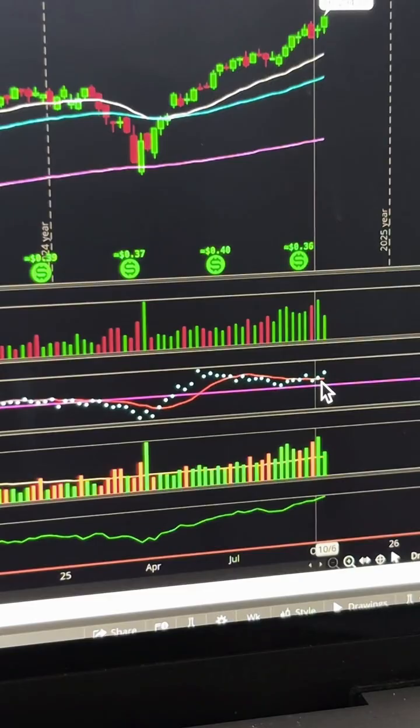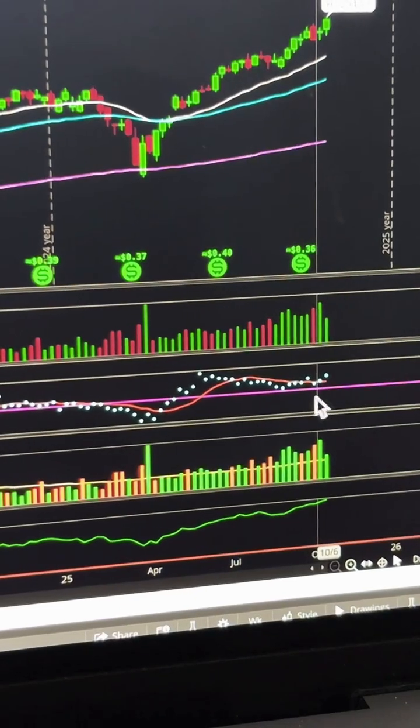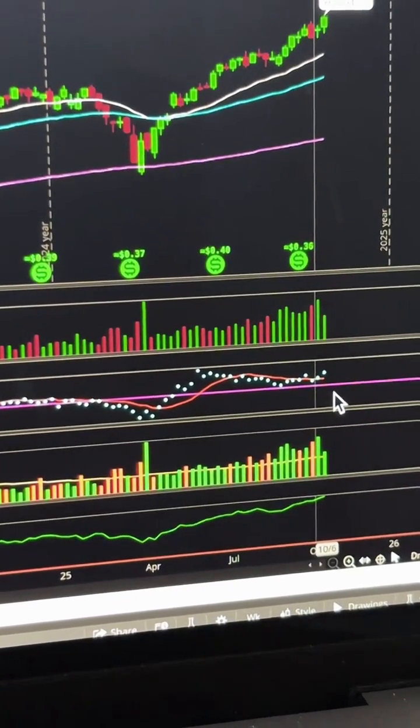Like the volume is picking up, money's going in there. The momentum of that stock is up. Like if it's above the red, it's trending up, uptrend, calls. I have a bullish bias, okay? Now, if the dots were under, the momentum is decreasing, and I would probably consider puts, okay?